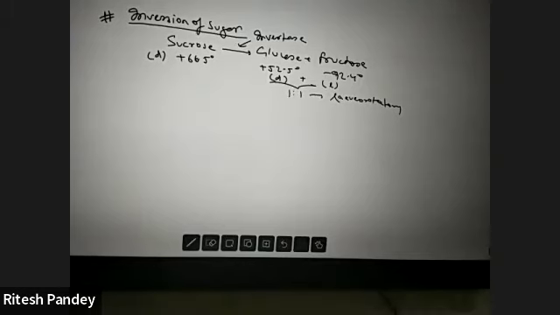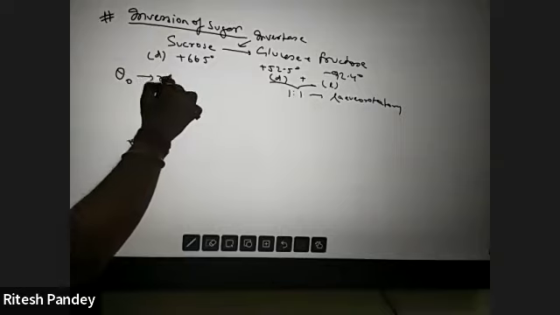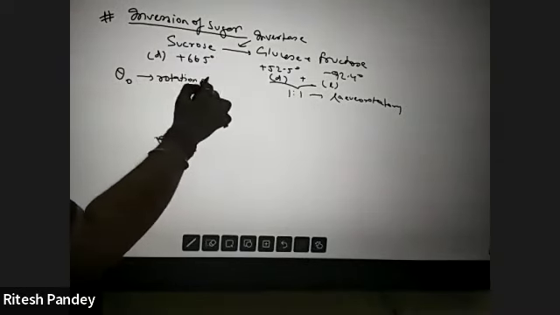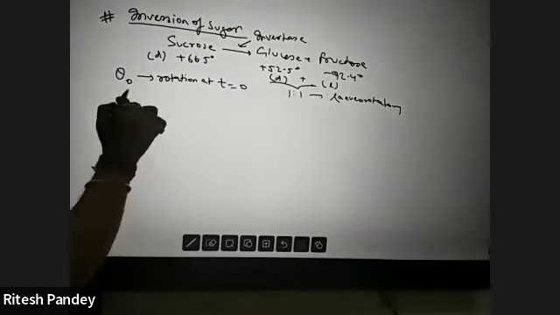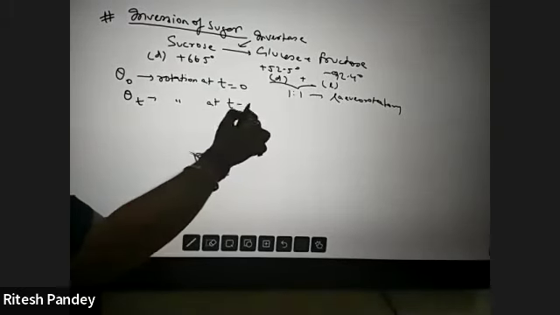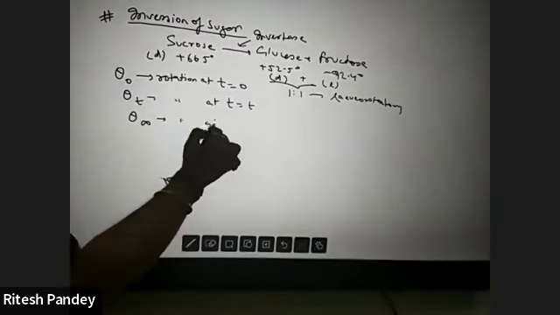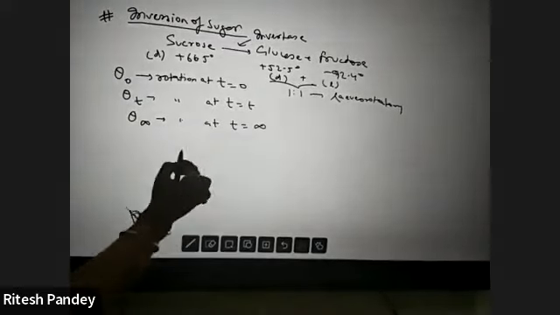Now, generally the data at hand is theta naught, the optical rotation at time t equal to 0, theta t, the optical rotation at time t, and theta infinity, the rotation at time t equal to infinity.